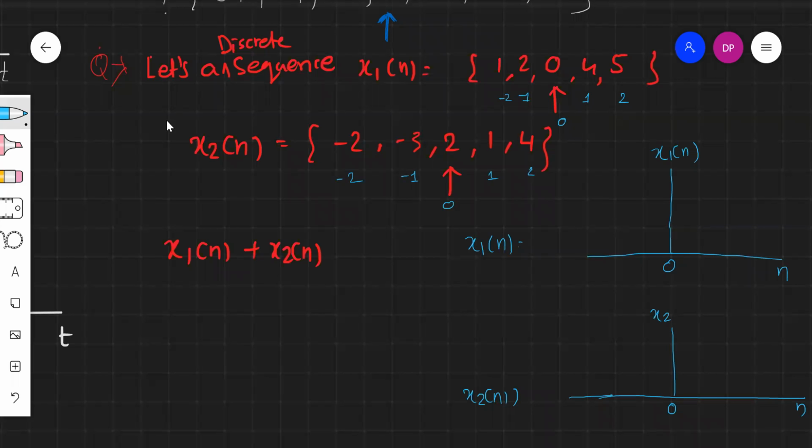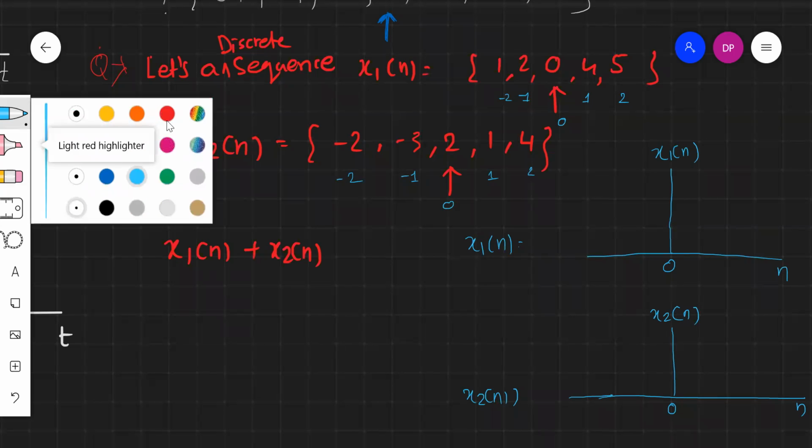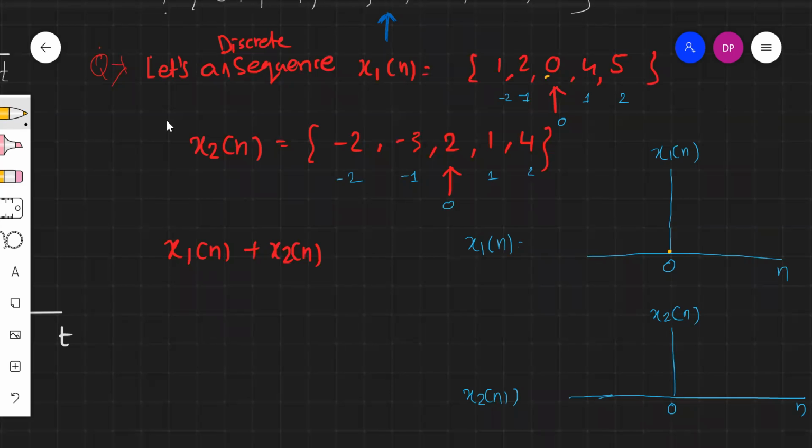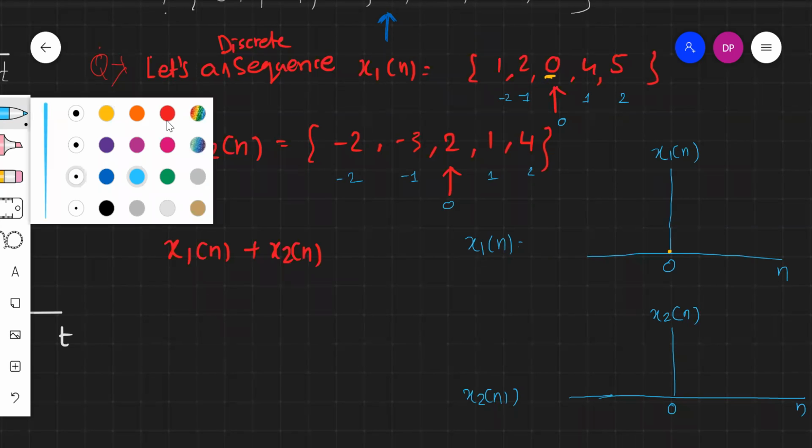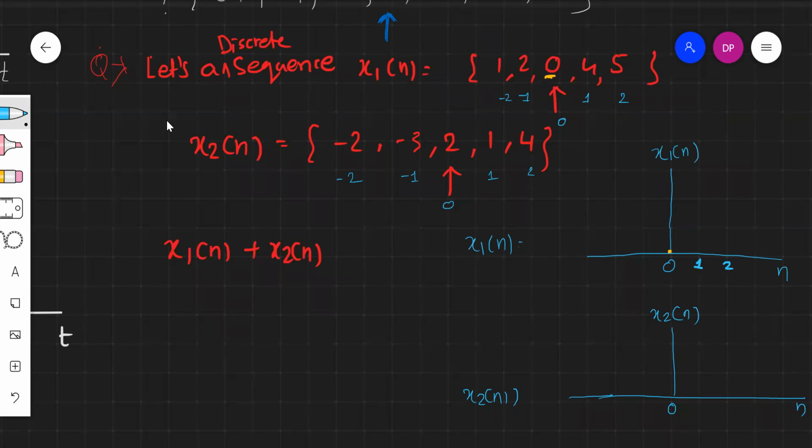Based on the data given, at the 0th index the value of x1 of n is 0, so there is nothing over here. Let me put all the indices here: first index, second index, third index, -1, -2, -3. Similarly for the other plot.